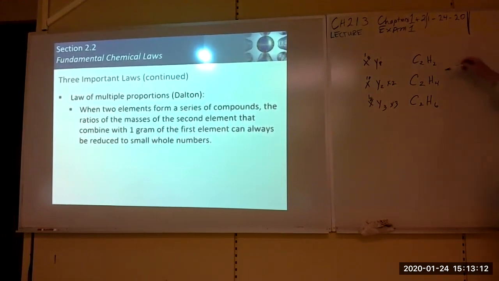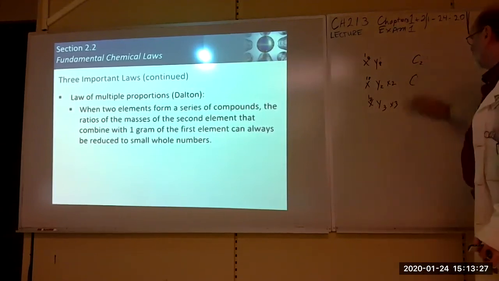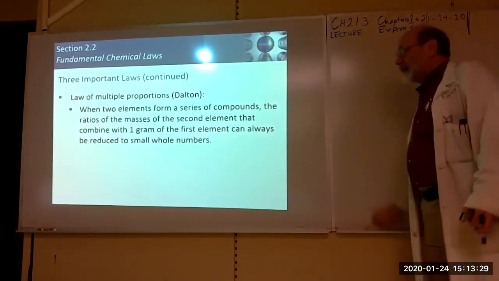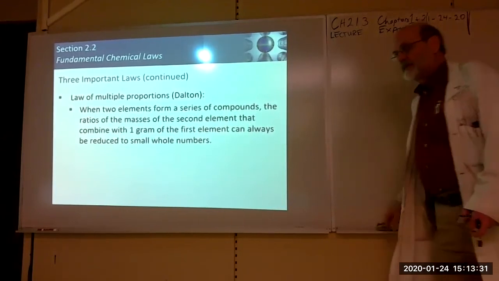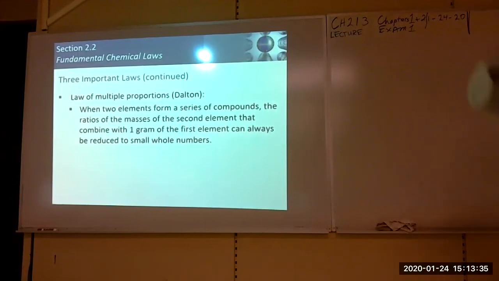Right? So you've got the same amount of carbon, and each of these increases first by 2 times, and then 3 times. That's an illustration of the law of multiple proportions. So the law of definite proportions came first. Then Dalton came up with multiple proportions as an extension.